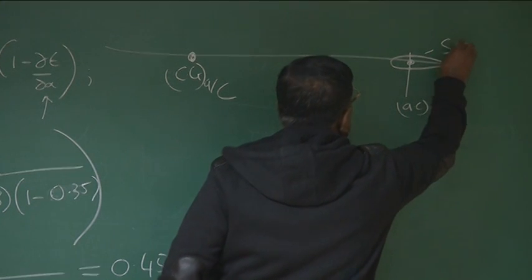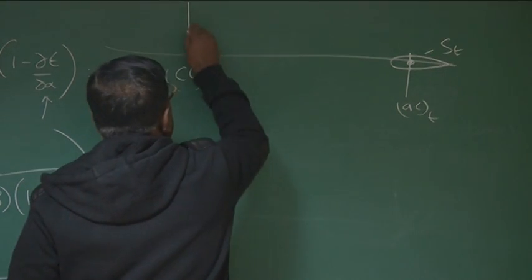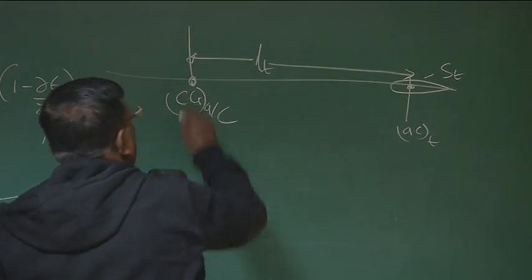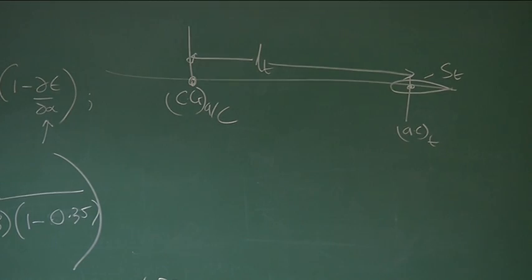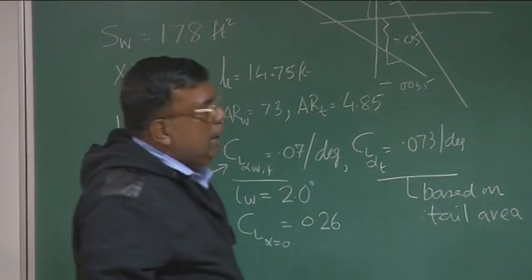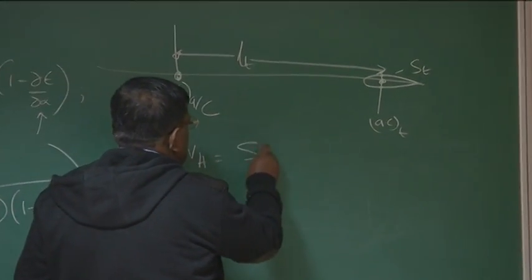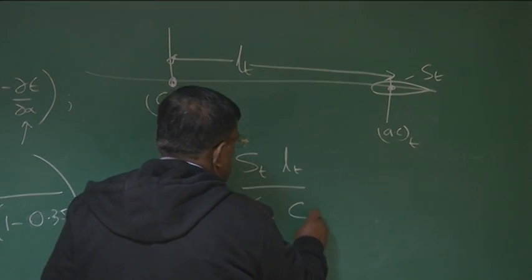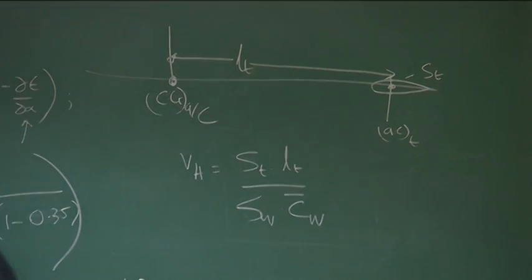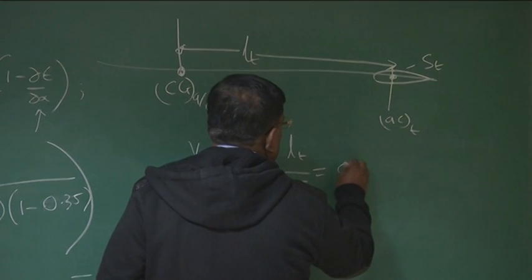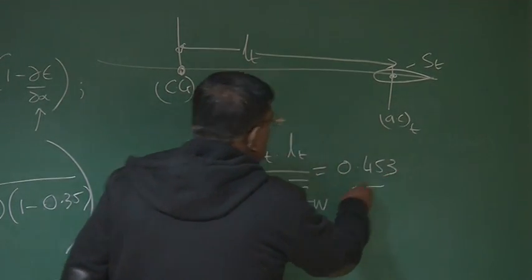And this is the S tail area, then this distance is called the tail moment arm for the horizontal tail, LT. And if you see LT here, it's 14.75 feet. Okay? And then how is VH defined? VH is defined as ST into LT by wing area into mean aerodynamic chord of the wing. So this ratio, ST-LT by SW-CW, for this problem is 0.453.